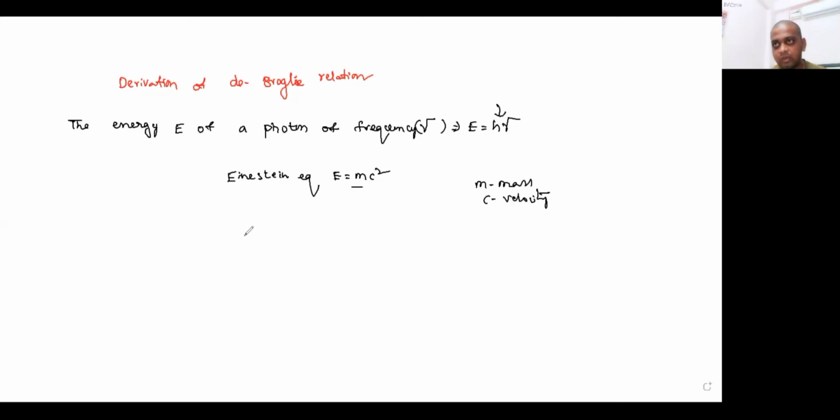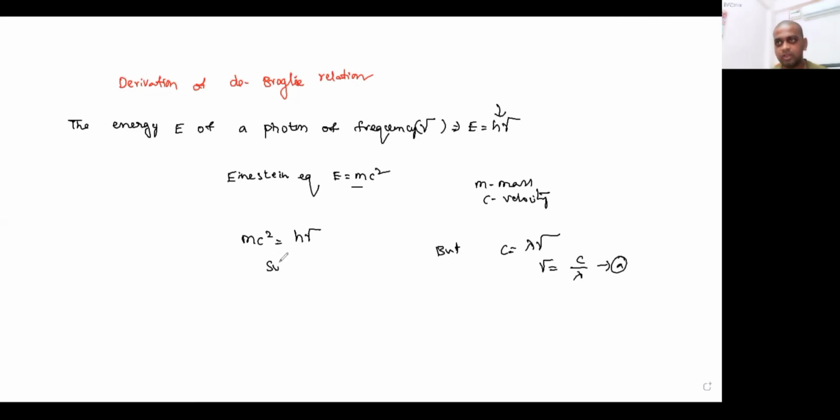From 1 and 2, I will write mc square is equal to h into nu. The velocity can be written as wavelength into frequency, so frequency can be written as c by lambda. Let us call this equation A.